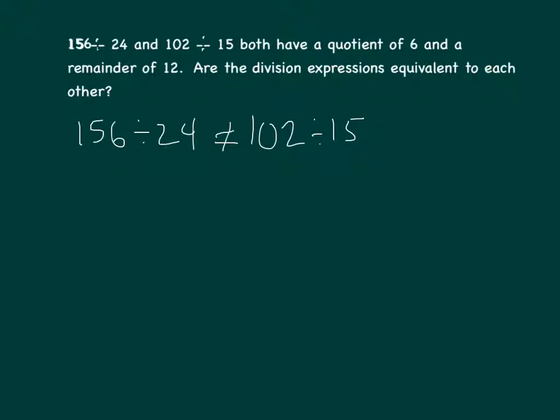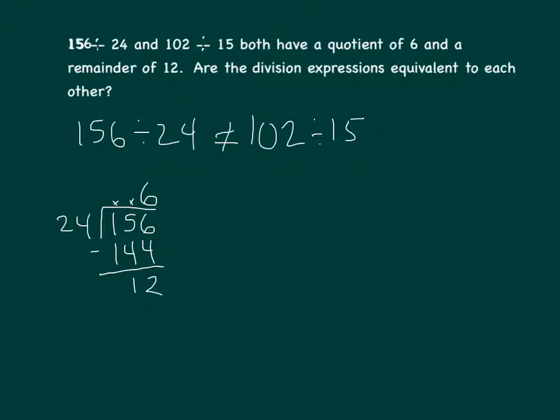So for the first problem, 156 divided by 24, the 24 does not go into 1, it does not go into 15, it goes into 156 about 6 times. Then I get 144. If I subtract, I have 12 left over. That's 12 ones.